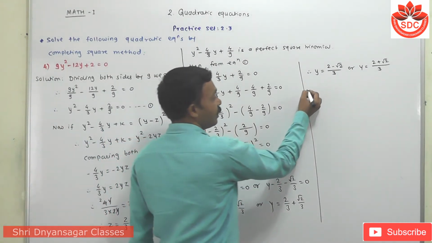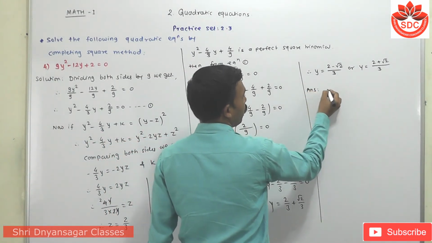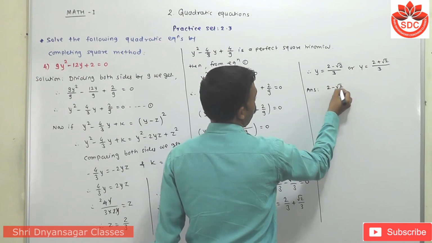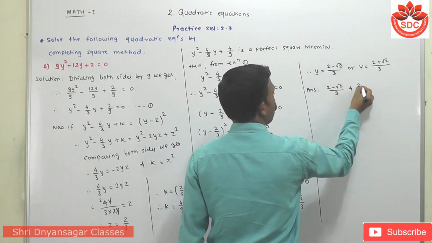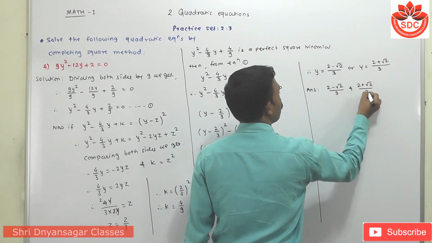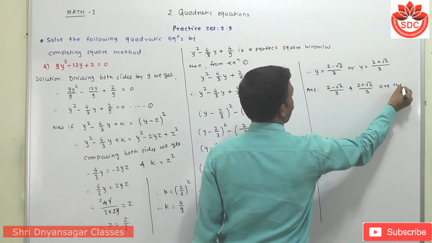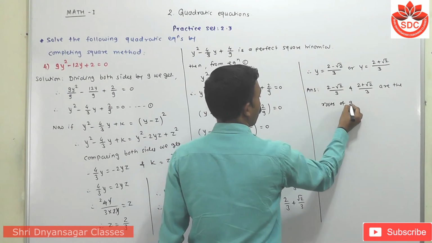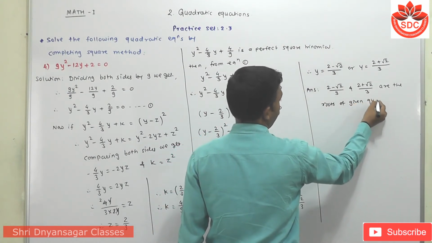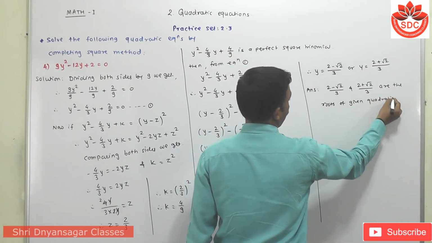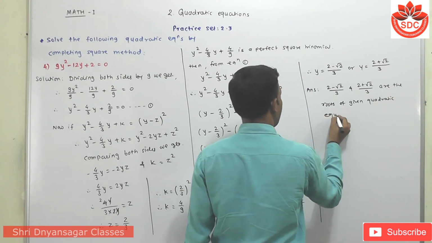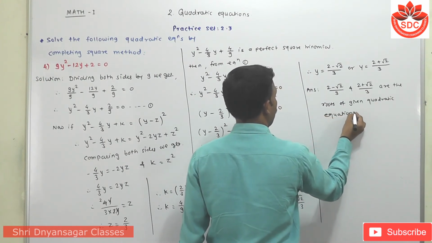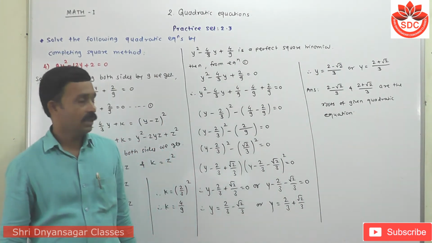So we write the answer in a full sentence. Answer: 2 minus root 2 upon 3 and 2 plus root 2 upon 3 are the roots of the given quadratic equation. Can you understand this? Okay, we see the next question.